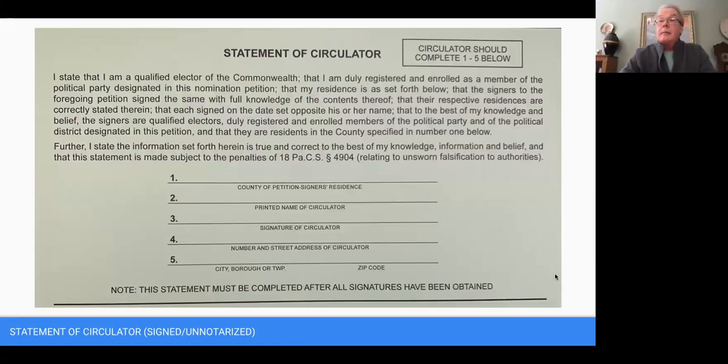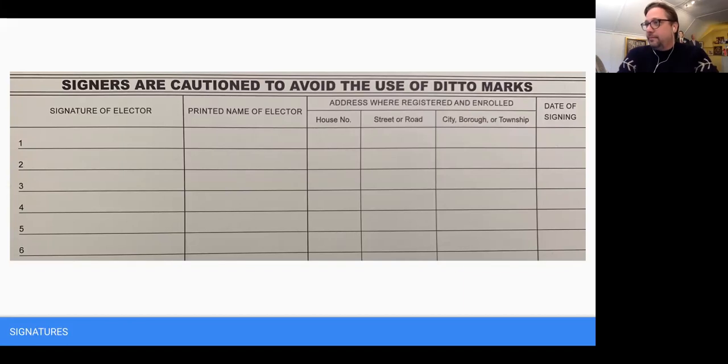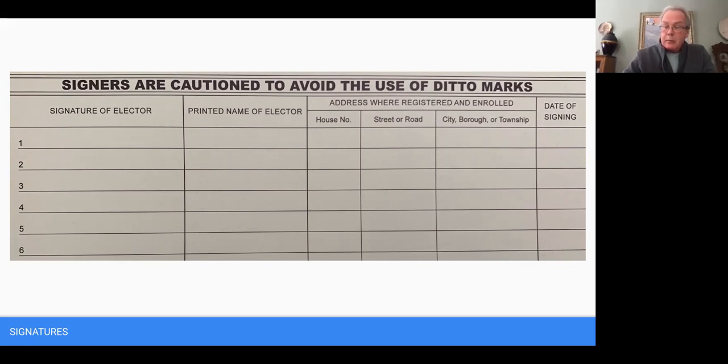Jim? Yes, Lee. A couple of quick questions. I'm assuming they can abbreviate road or avenue. That's correct. And my other question has to do, in my case, running for a township position, would they put Washington Township? Or is it also okay if they write Edinburgh?